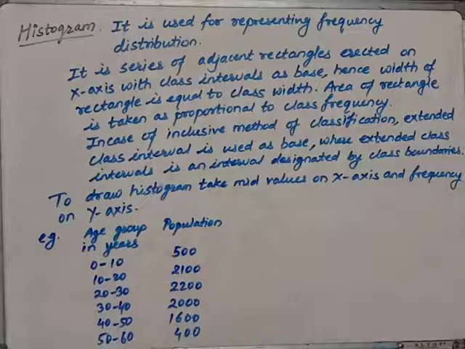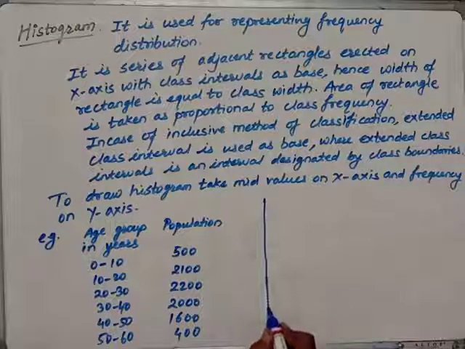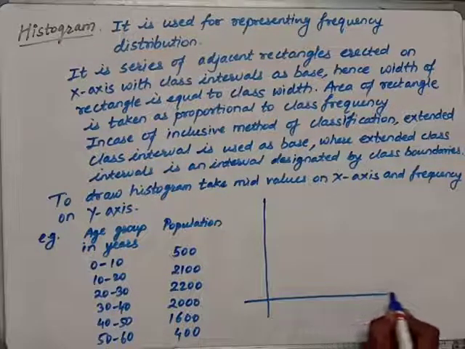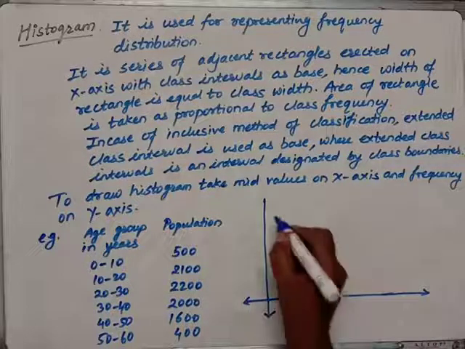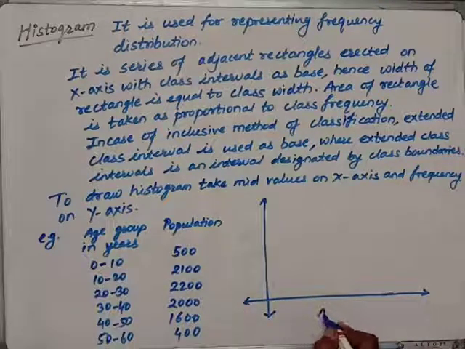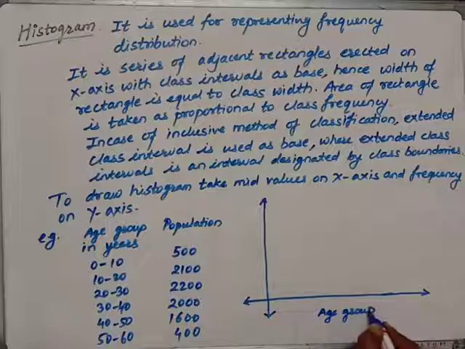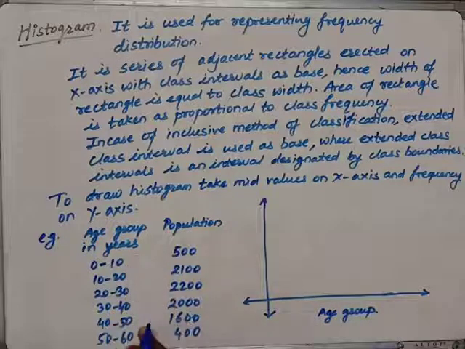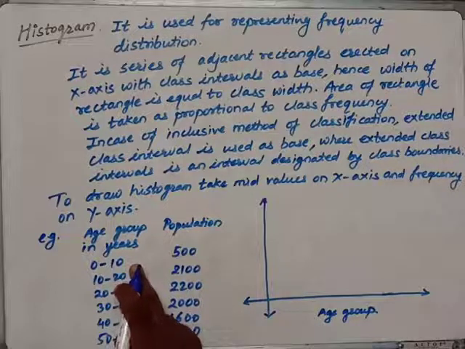Now let us draw a histogram for this data. Here we have to consider what is on the x-axis: the age group in years. Clearly these classes are continuous, so no need to extend them or use class boundaries.